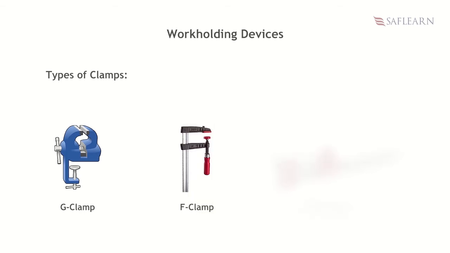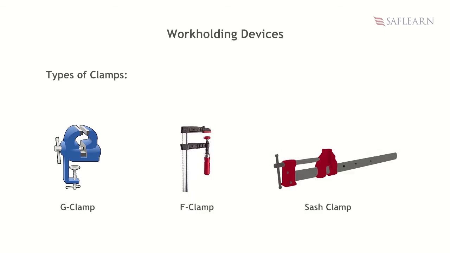Clamps are of different types, some of which are G clamp, F clamp, and sash clamp. G clamp is called a G clamp because of its shape, which is in the form of letter G. The clamp is ideal for holding small pieces of wood together.